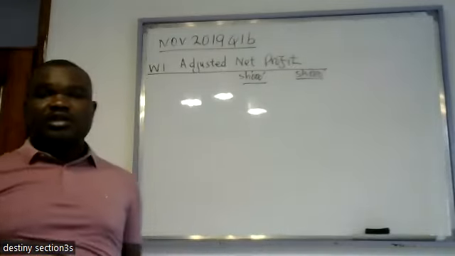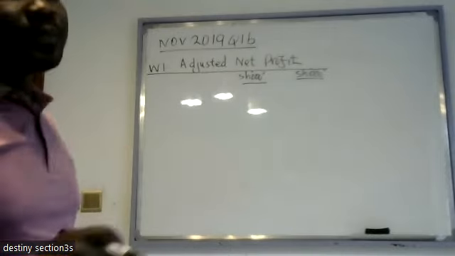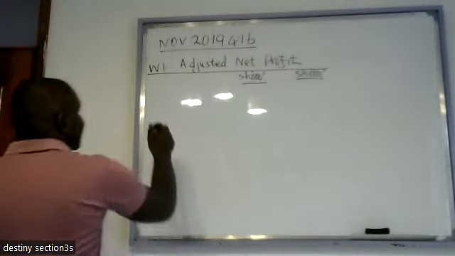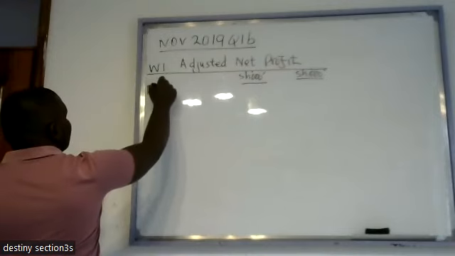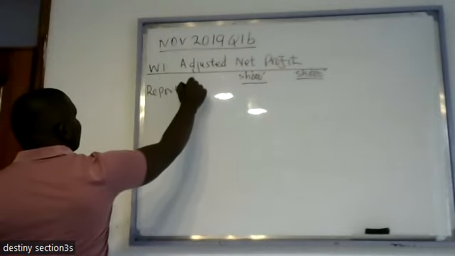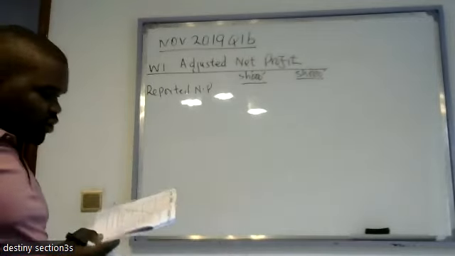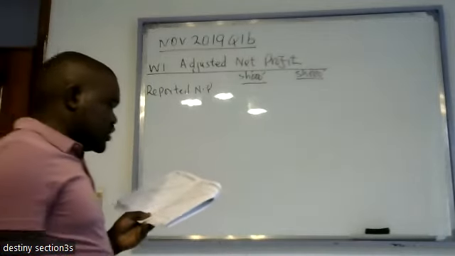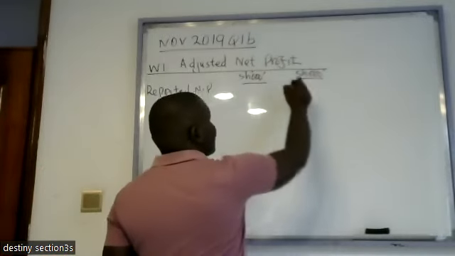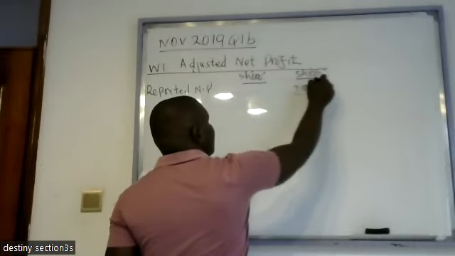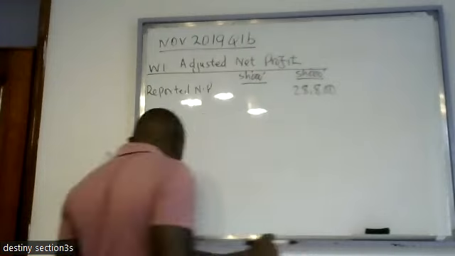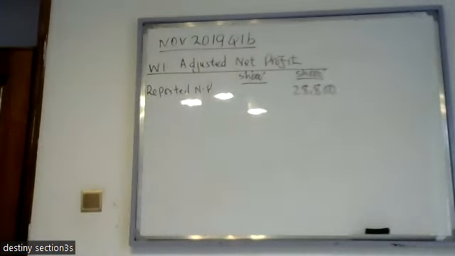So we want to adjust that net profits. So you'll start by saying reported. So reported net profits. What they have reported to us, check in the trial balance, they have reported 28,800.